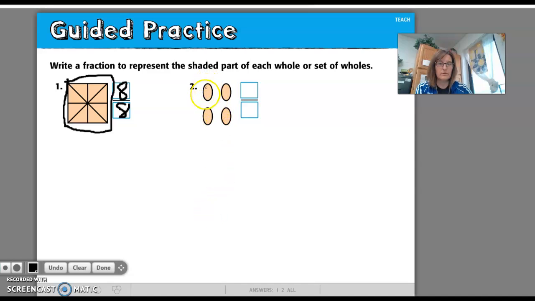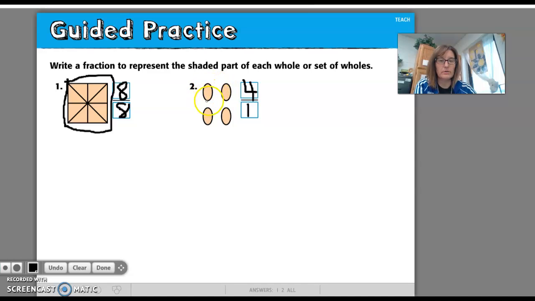Over here, this oval is our 1 whole. That oval is not cut, it's 1 piece. But we have 4 whole ovals. That's a little different than what we're used to doing, so I'm going to explain that again.